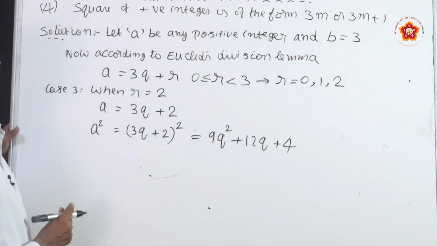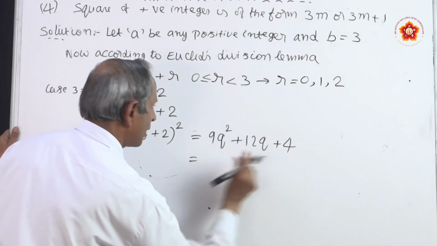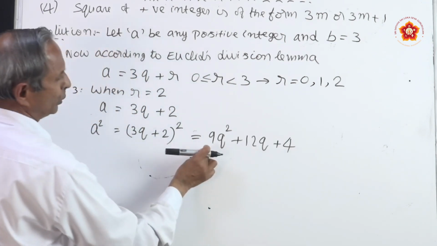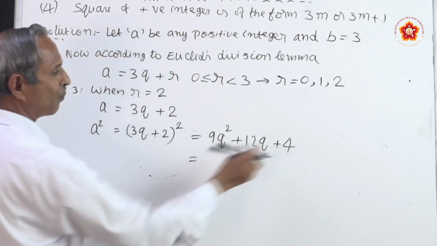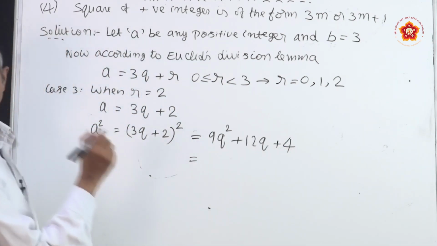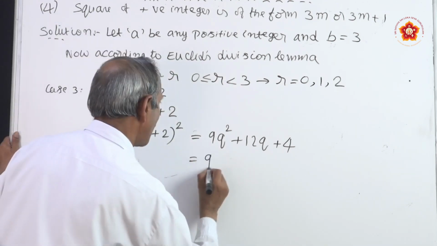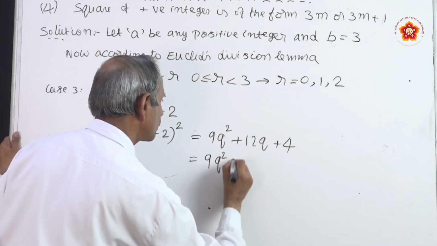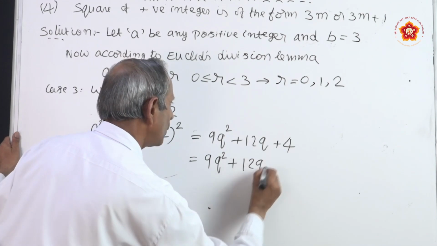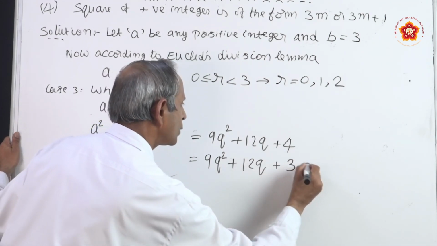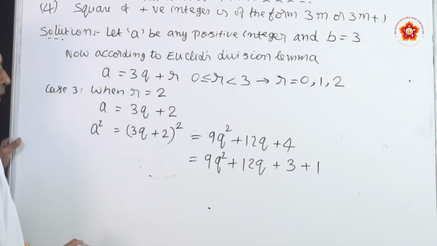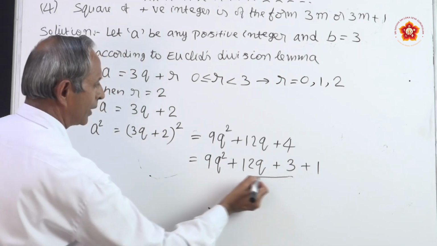Now we have to bifurcate here. 3 should be common, therefore instead of 4 we will write it as 3 plus 1. Now the value does not change: 9q square plus 12q plus 3 plus 1. Now among these three terms we will take the common factor.